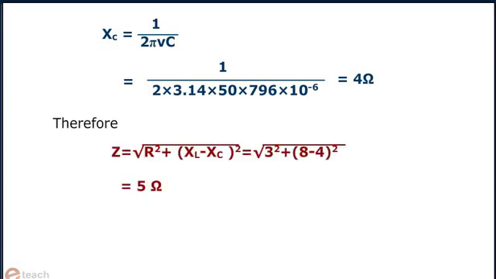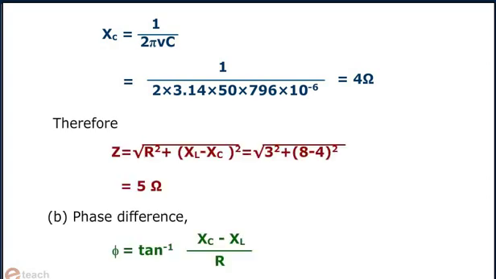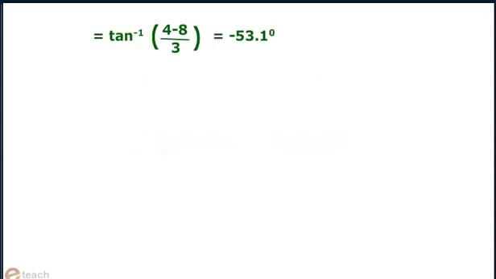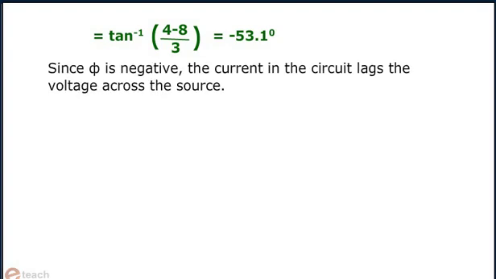Therefore, Z equals 5 ohms. B. Phase difference. Phi equals tan inverse of (XC minus XL) divided by R, which comes out as minus 53.1 degrees. Since phi is negative, the current in the circuit lags the voltage across the source.